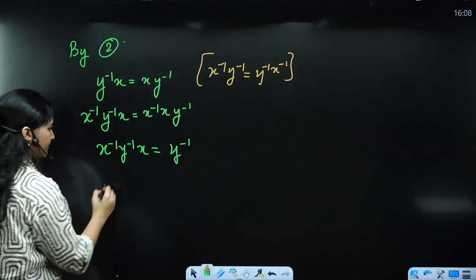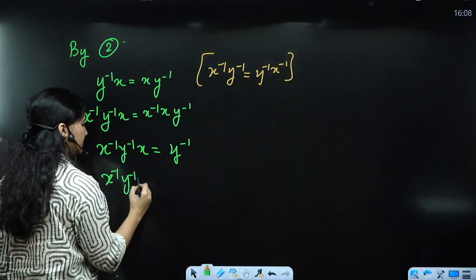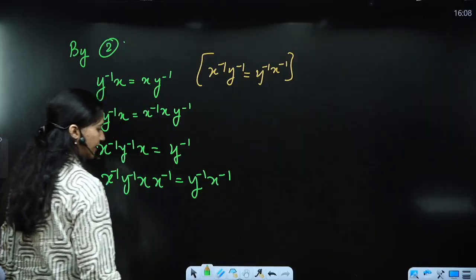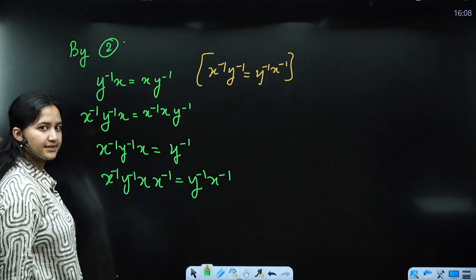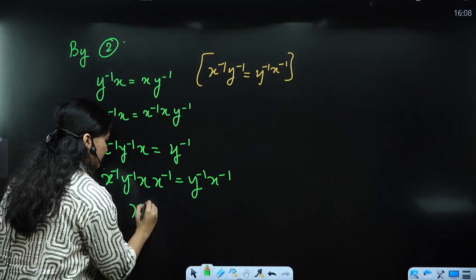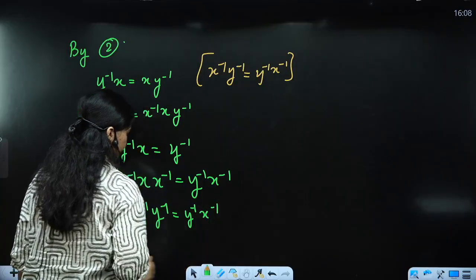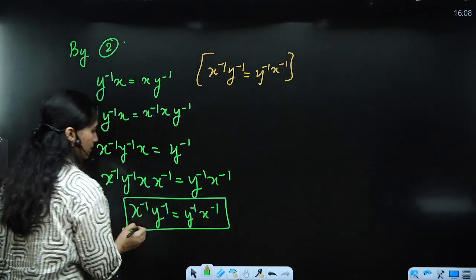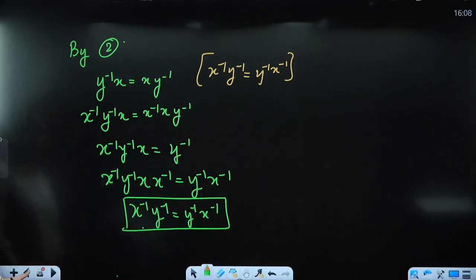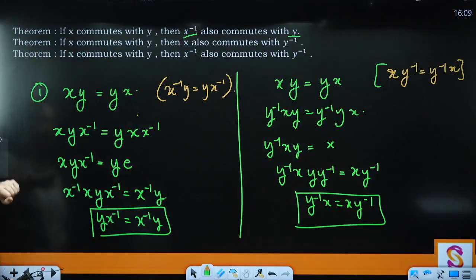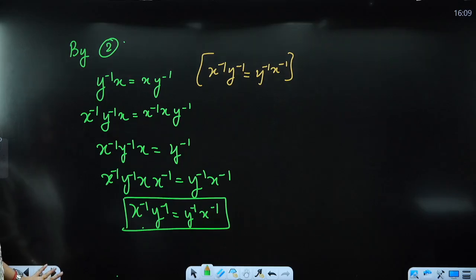Now it's simple, x inverse y inverse x inverse equals y inverse x inverse, right? Why? Because I don't want this x here. So this is going to be what? x inverse y inverse equals y inverse x, right? So here you have proved all three postulates, right? I guess with this we have come to an end of our abelian group, right?